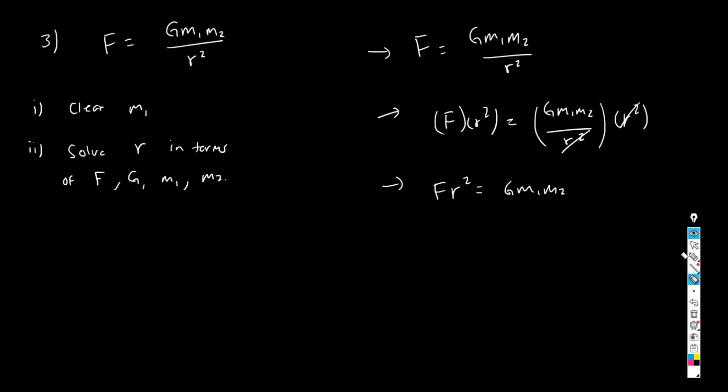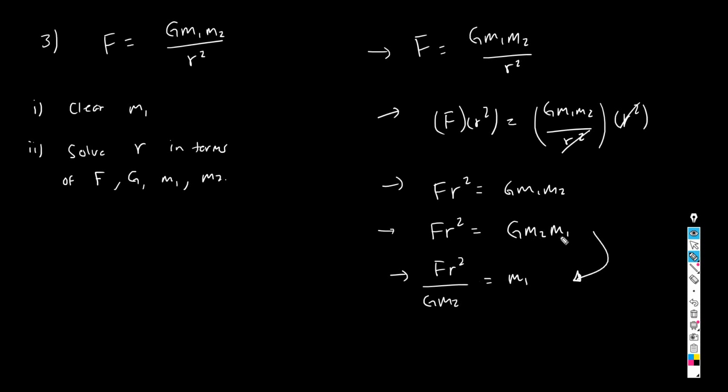Okay, and finally, all we have to do, if you want to isolate M1, is rearrange terms a little bit. G times M2 times M1, which is the same, right? And then we just divide both sides over GM2, and we're done. If you noticed, I did it automatically in here. I did not write the whole process.